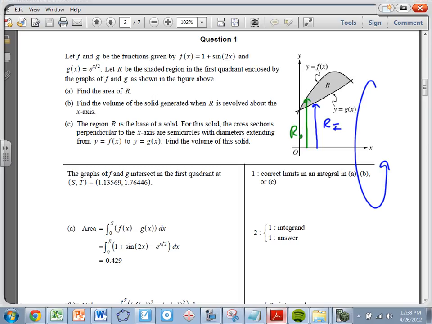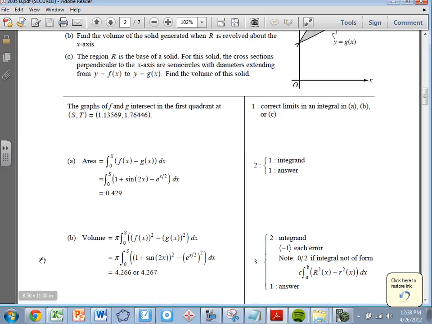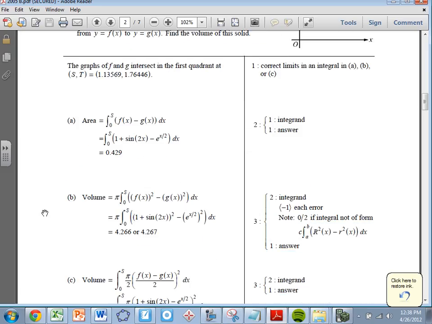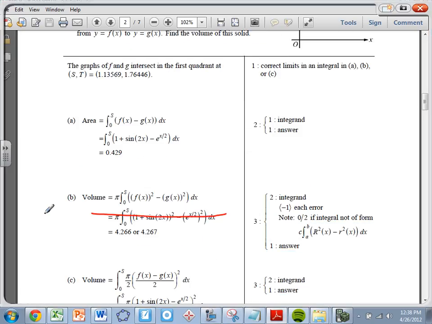So, easy problem here, guys. Very easy problem. Outer radius squared minus inner radius squared integrated with a pi in front. Look at the solution here. So here's what I would do, and they don't do it this way, but I would do it this way. Actually, I'm sorry, they do. I apologize. I would just do that. Again, one or the other, remember? Just simply write it easier. F of x was the outer radius, g of x was the inner radius.